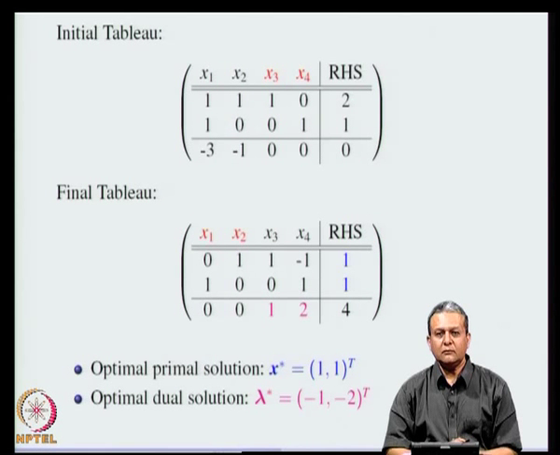So, at optimality, there is a basic variable associated with the solution, the corresponding B inverse is easily available, and the optimal dual variables can also be obtained using the simplex tableau. So, a lot of information can be obtained using the simplex algorithm by solving a given problem.